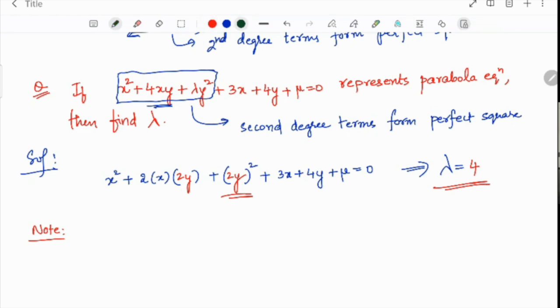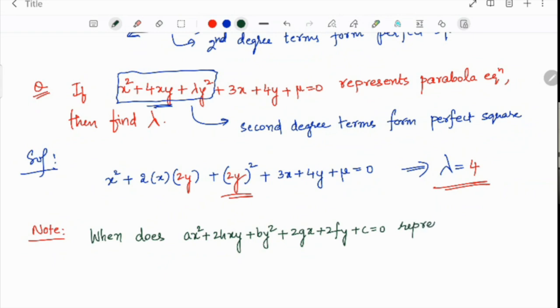Okay. When does ax square plus 2hxy plus by square plus 2gx plus 2fy plus c is equal to 0 represent parabola equation? Okay. When does it represent circle equation?